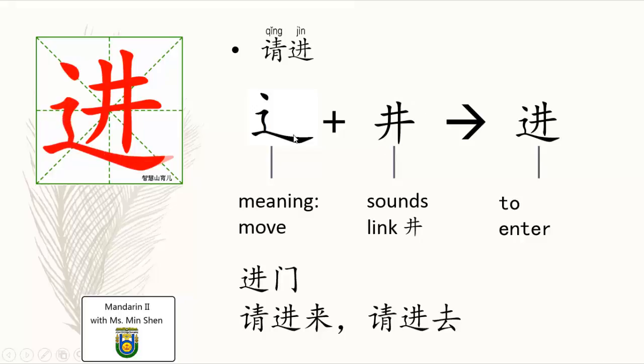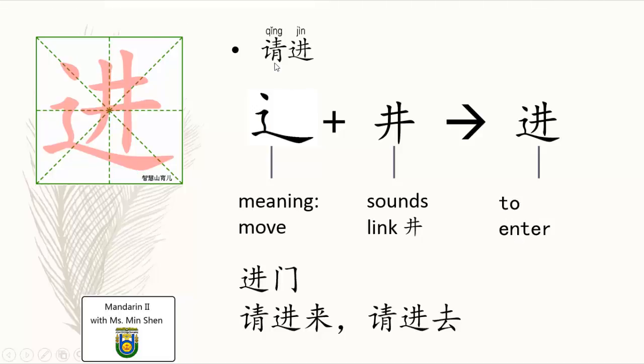And inside, the component 井 presents the sound like 井. So it's a kind of movement. When we mention it, it sounds like 井. Then combine them together, 井 inside the radical of move, and it's the character enter, 进, right? It's a movement because to enter you have to move, and it sounds like 进, so it's 进.